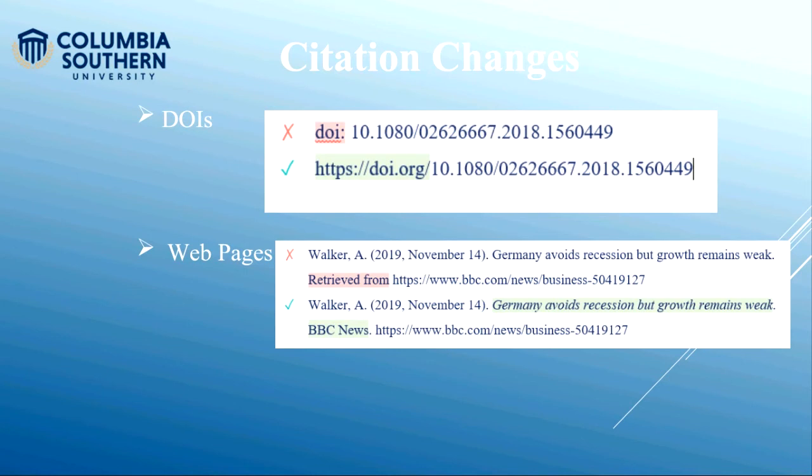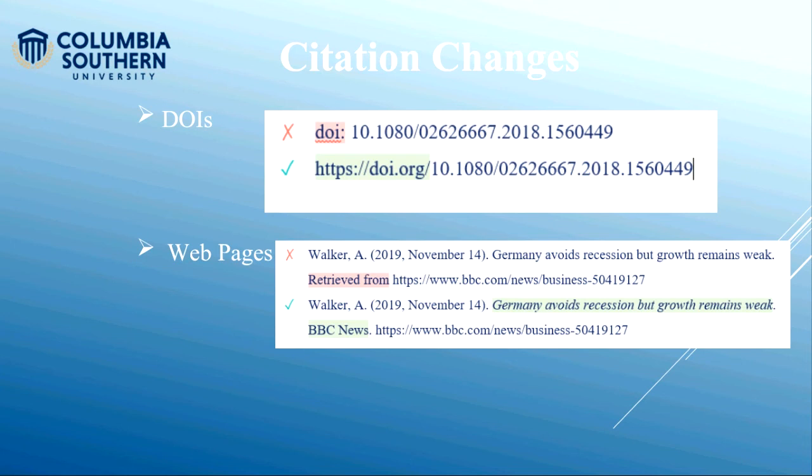Web pages. URLs are no longer preceded by retrieved from, unless a retrieval date is needed. The first example with the red X is a 6th edition citation, and it shows retrieved from blah, blah, blah. That same citation in the new 7th edition is on the bottom.